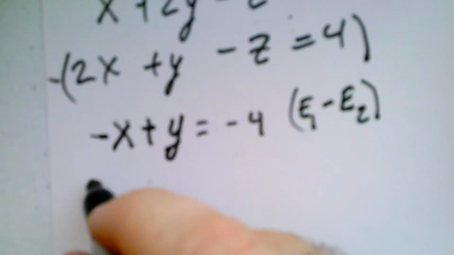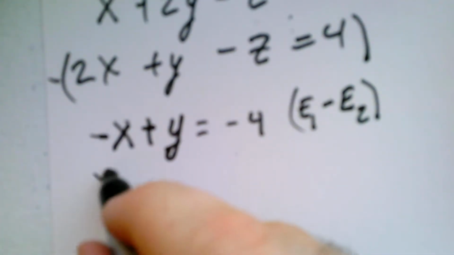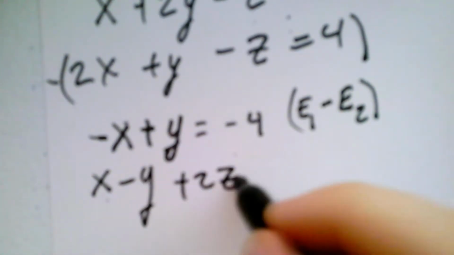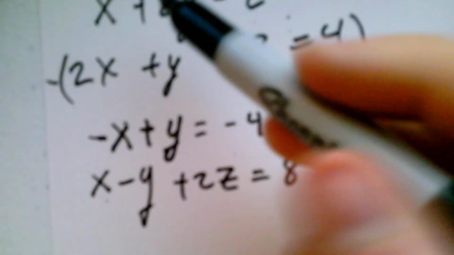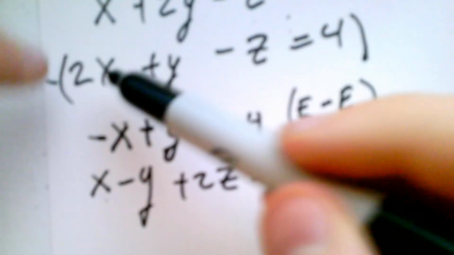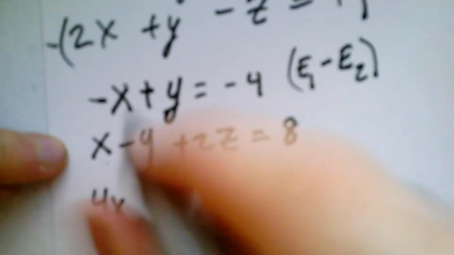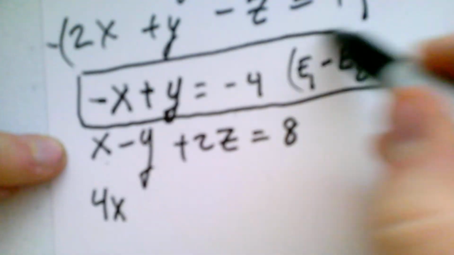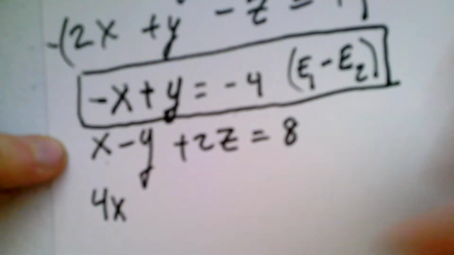So here's my third equation. X minus y plus 2z equals 8. This is, of course, the equation that I got before, and I don't want to lose it, so I'll put a box around it.